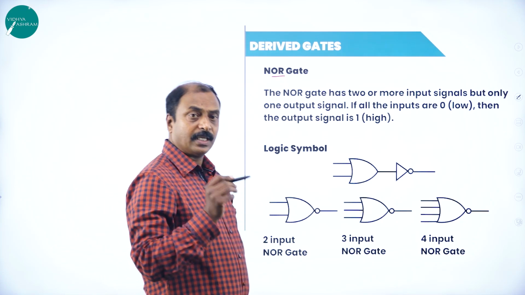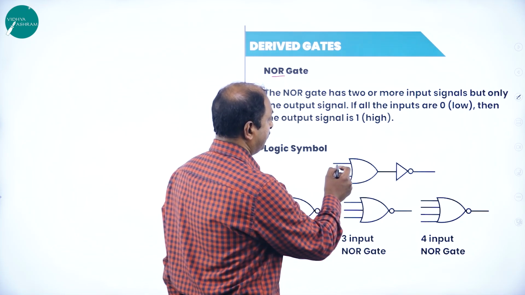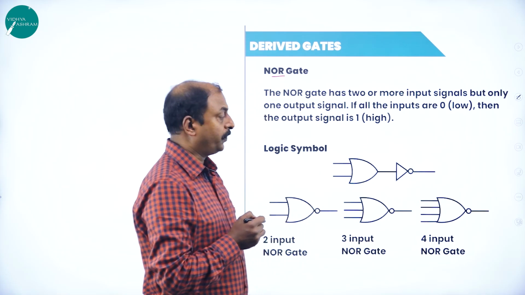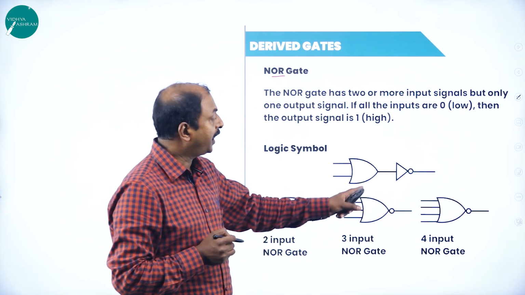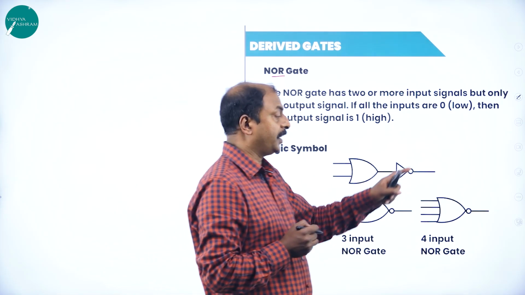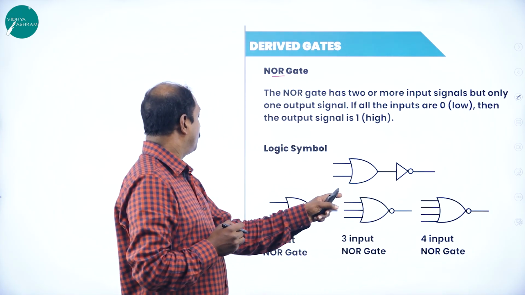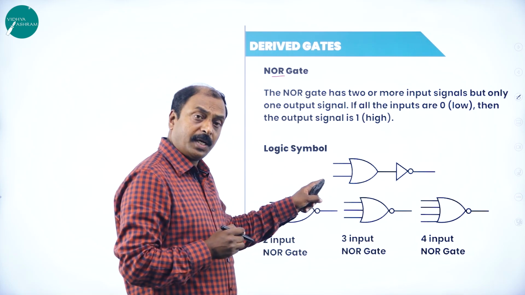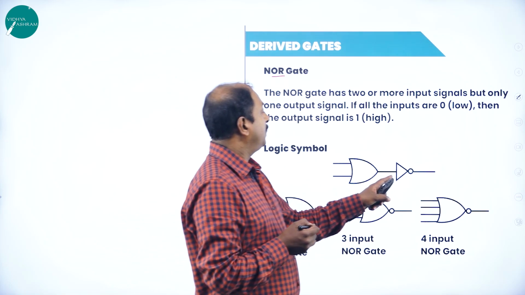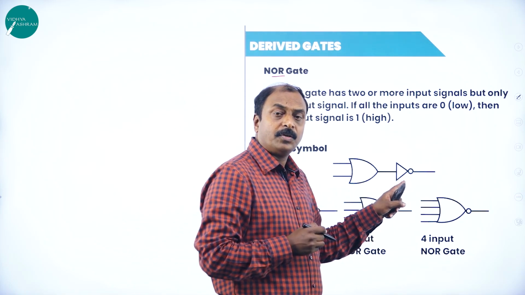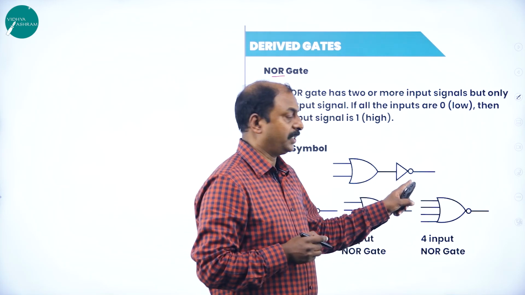Now look at the logic symbol. See, this is the logic symbol for your OR gate, and OR gate followed by NOT gate. Here you know that this OR gate can have 2 or 3 or more input signals, but this NOT gate, inverter gate, will have only one input signal.